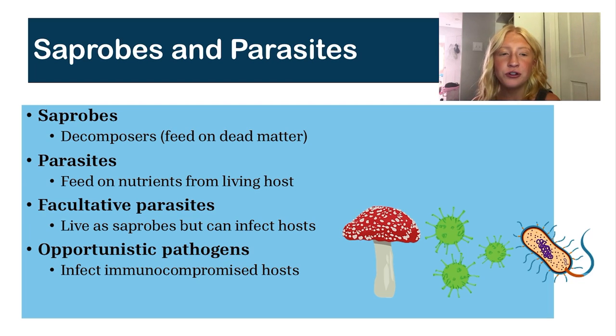These usually live as saprobes freely, but if they're able to, they'll shift and can turn into a parasite and take advantage of their host. So then we have opportunistic pathogens. These usually don't cause harm to their host, and they usually infect people that have a weak immune system.